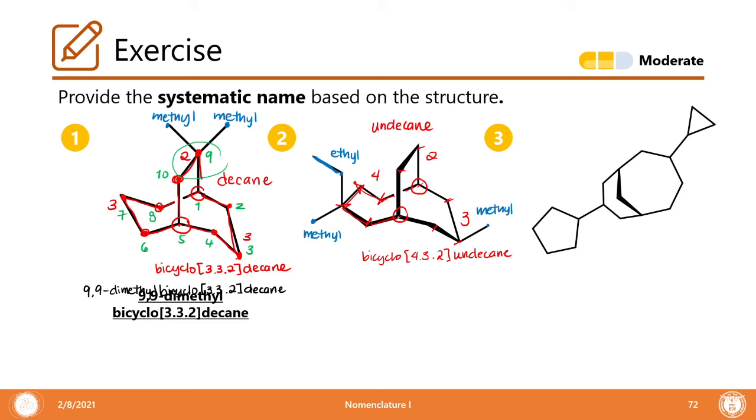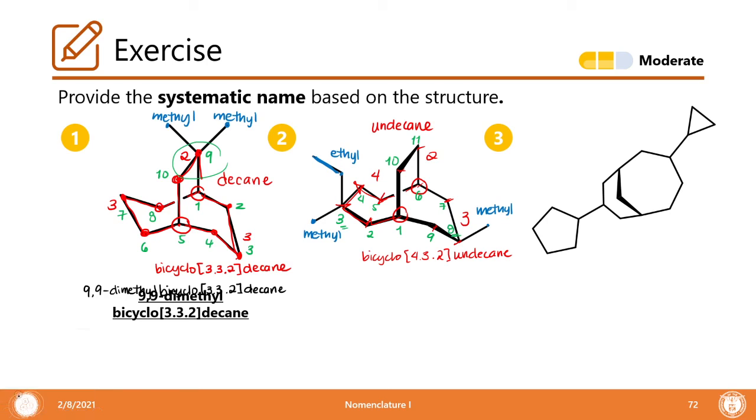Okay, so we will start here. 1, 2, 3. So we give them a locant number of 3, 4, 5, 6. Okay, and then we rotate. We continue through the next smaller path, number 3, 7, 8. So this one gets an 8, 9. Then we go up 10, 11. Okay, so we have 3 and 8.